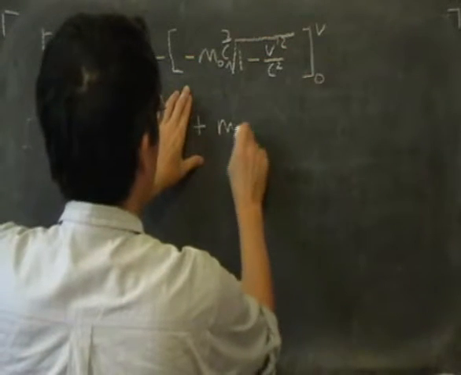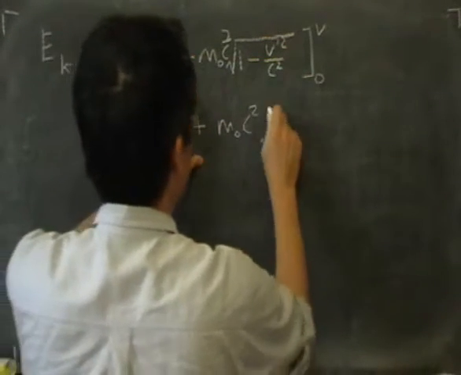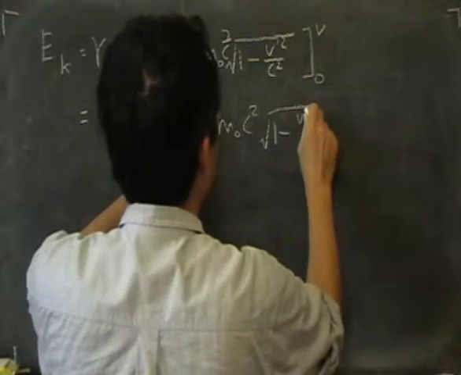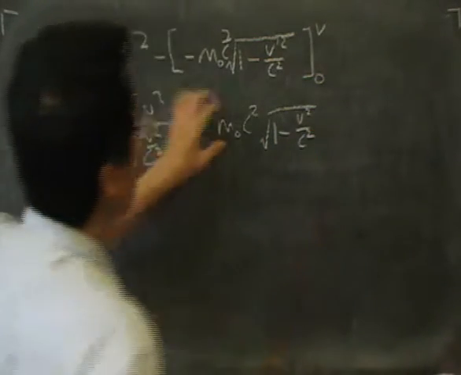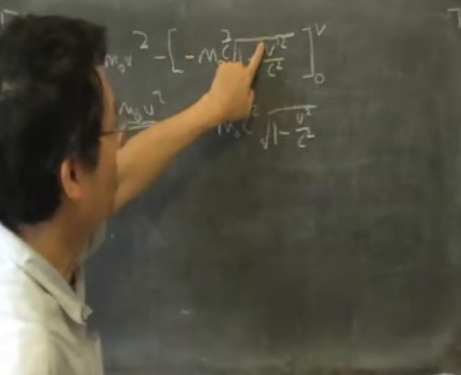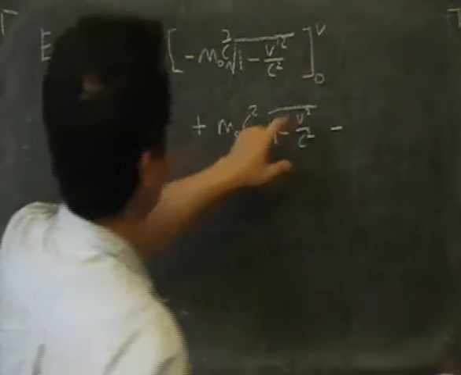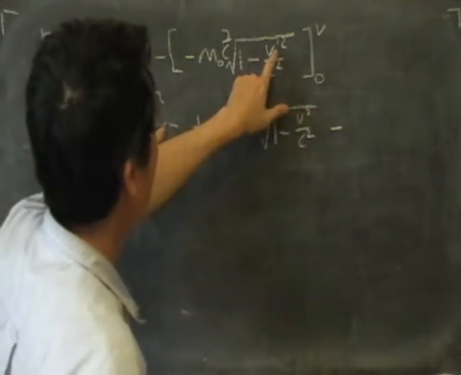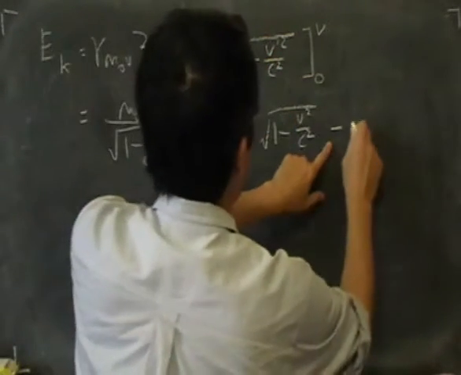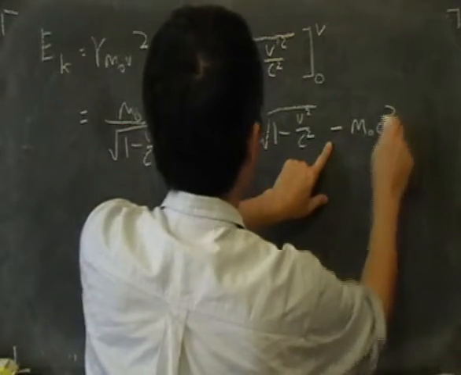So m naught c squared square root of 1 minus v squared over c squared. So the v there is substituted into the v prime here to give a v there, and minus sign there, and the 0 goes into the v prime there, that becomes 1, and this gives m naught c squared.